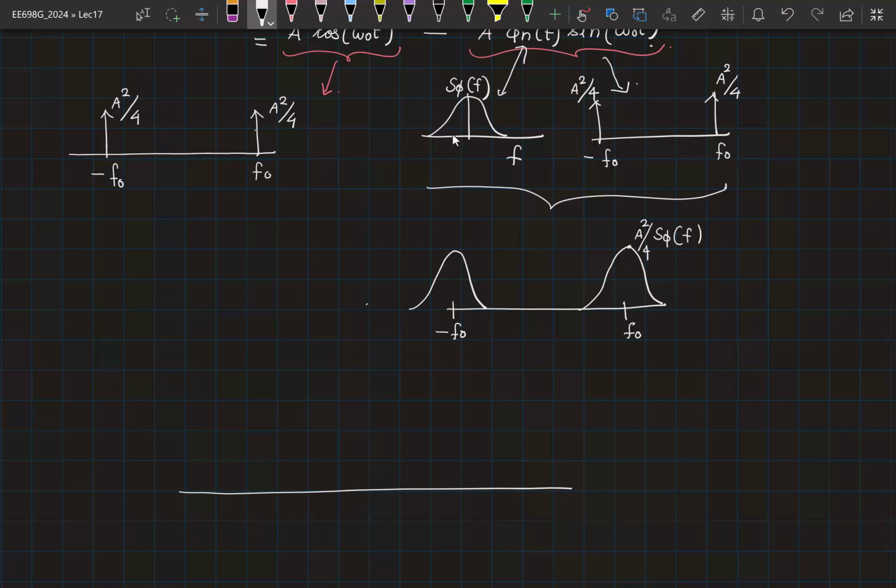So now you have a very nice way to plot SV of f. You have impulses of A square by 4 at f naught and at minus f naught.